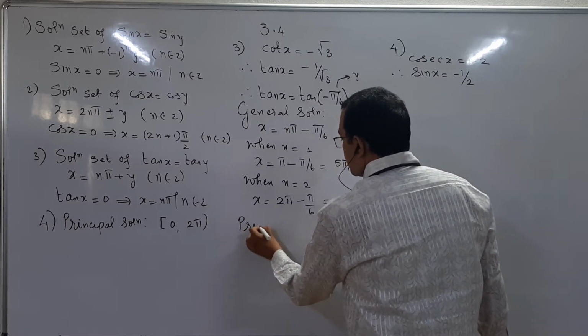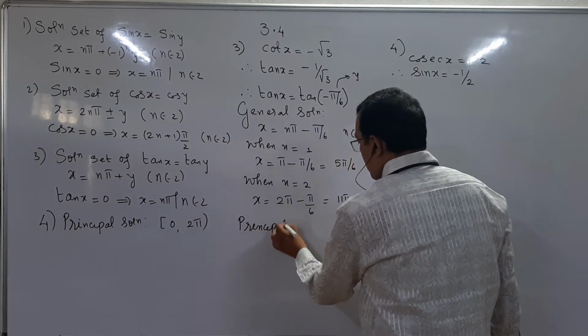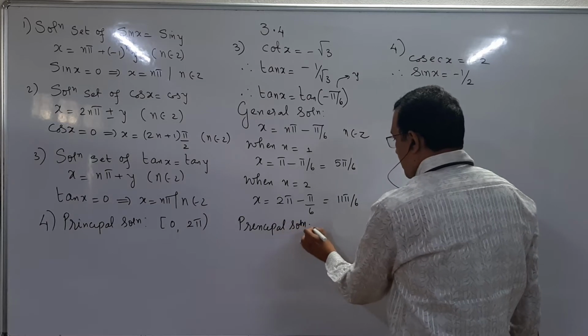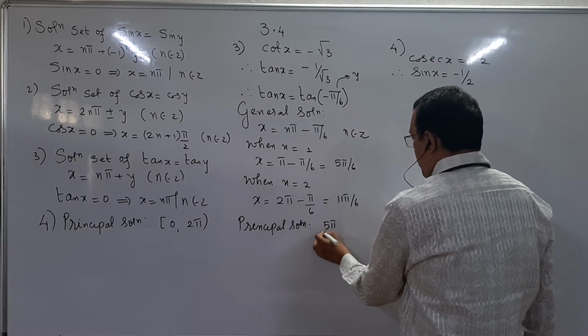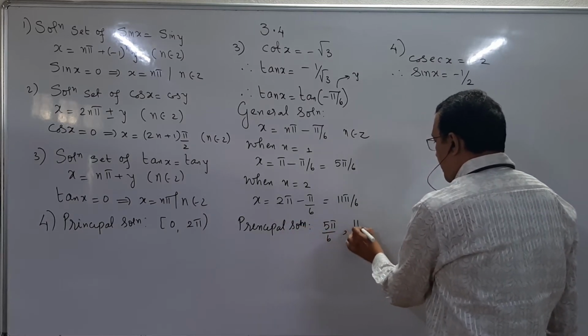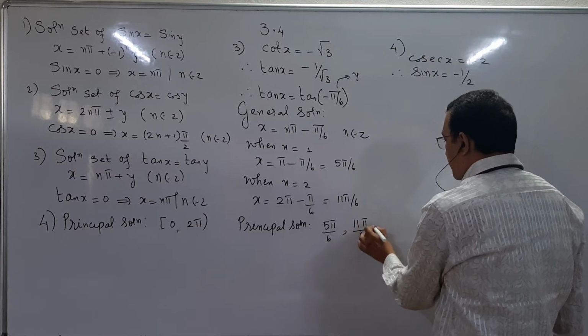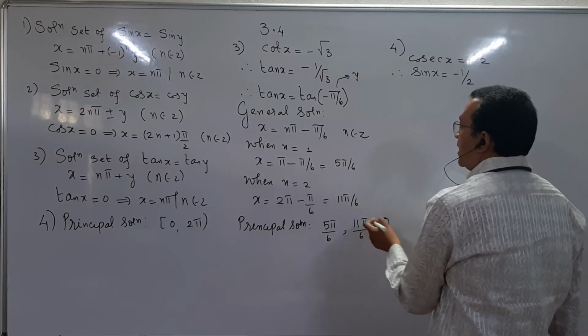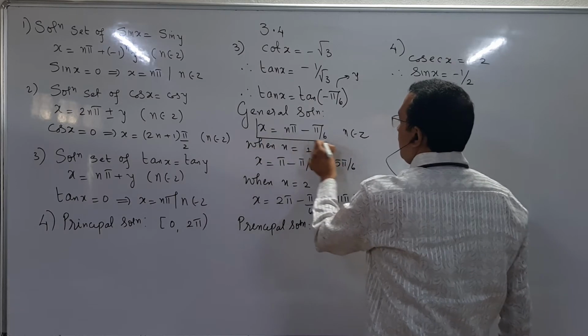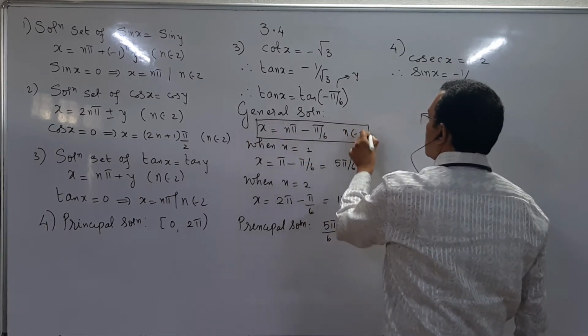So the principal solutions are 5 pi by 6 and 11 pi by 6. And this is our general solution.